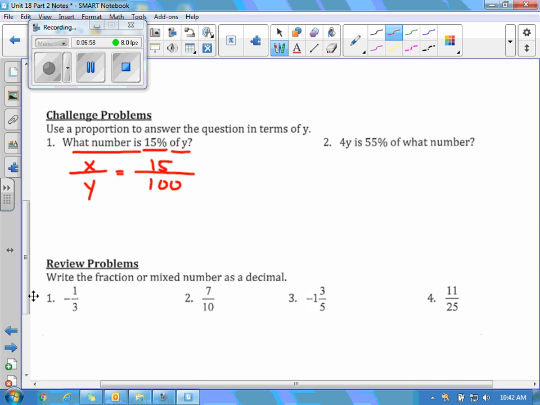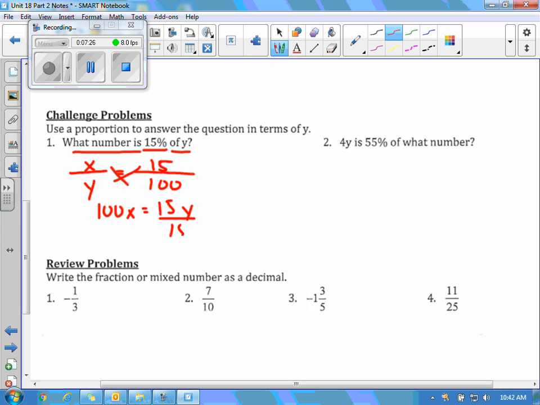So we're going to cross multiply, and we'll get 100x equals 15y. There's a couple things we can do. We could solve for x, just to give us an idea of what the top is. Or we could solve for y. It says use a proportion to answer the question in terms of y though.